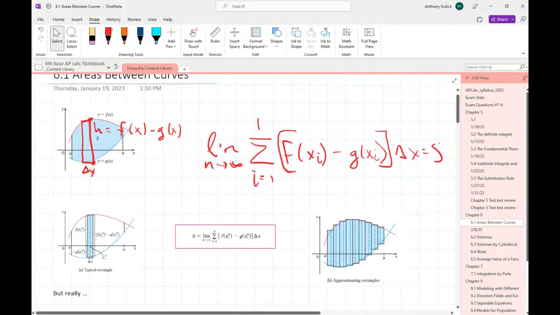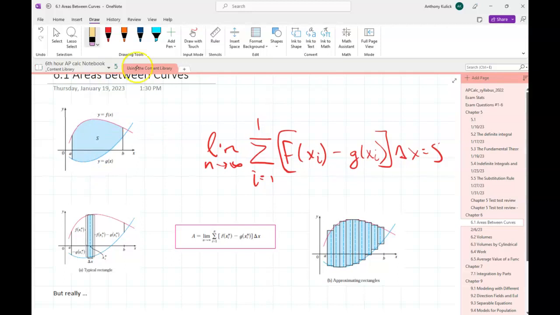So the height is f of x minus g of x. If g of x is below the x-axis, that's a negative y coordinate, so when I subtract the negative, it adds it to the height. Notice this is equivalent to taking the area above and the area below and subtracting those two areas. Area above minus area below. By subtracting the negative area below, it makes it positive. It's the same idea.